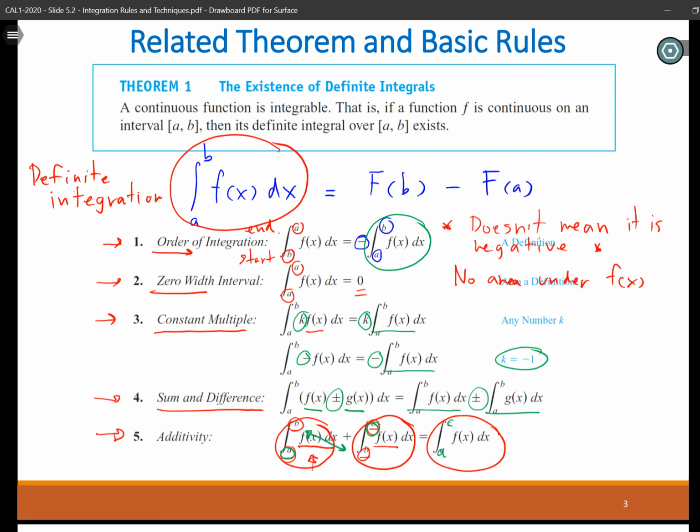We did that in class. I don't know if you remember that, but this is what we had to use, right? You can separate the integration into multiple sections as long as they connect to the same continuous range. All right, so these are some properties that let you play around with the definite integral.